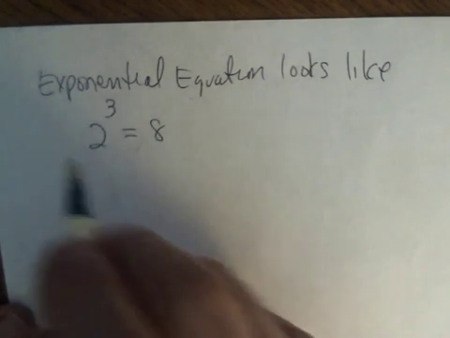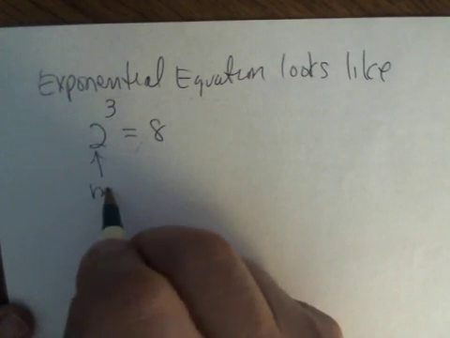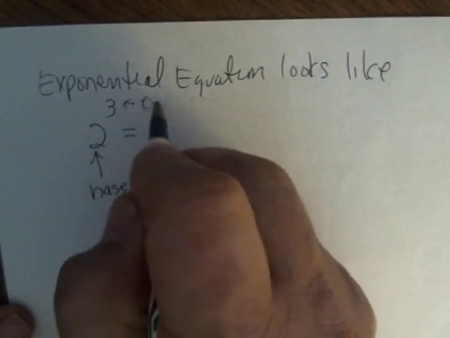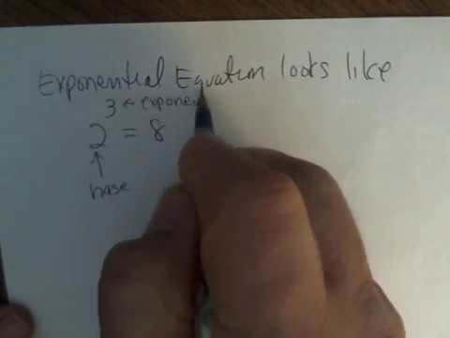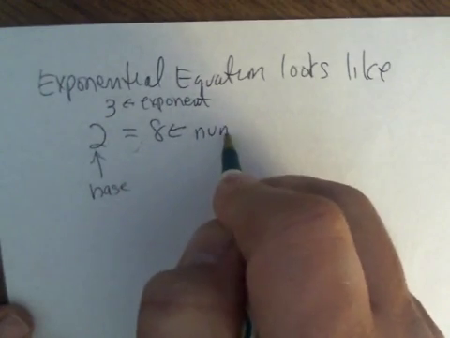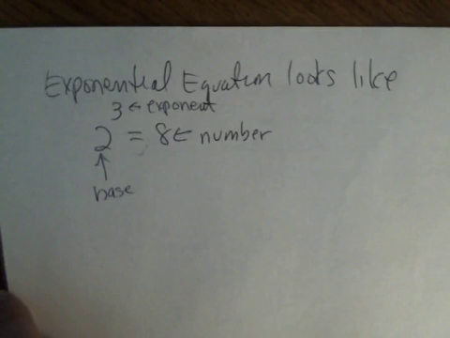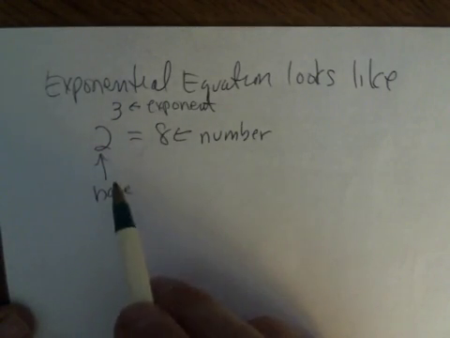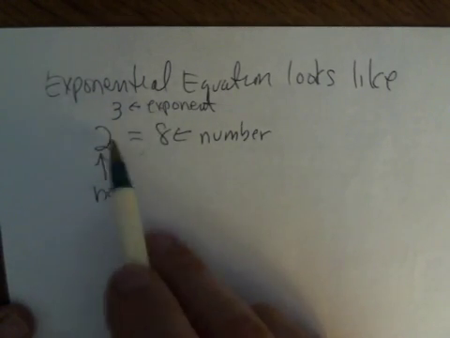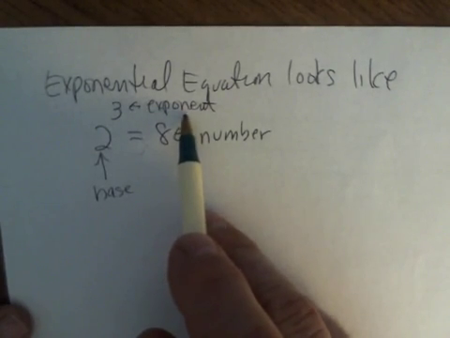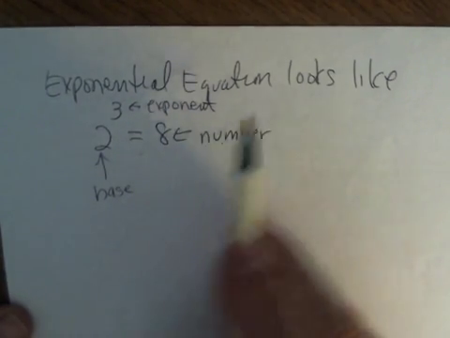So an exponential equation consists of a base, the exponent, and what I just call the number. Don't worry about why I call it the number. It's just what I call it. It's maybe not correct lingo, but you need to know that there are 3 items in just about every exponential equation that you need to be able to identify, and the same thing in a logarithm.